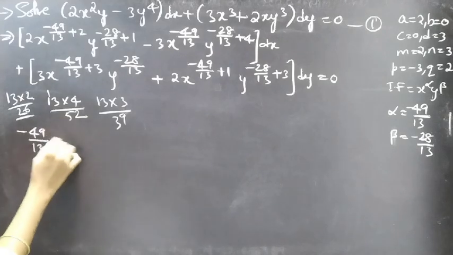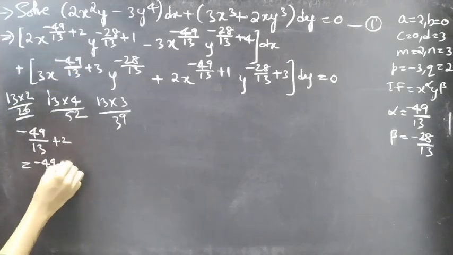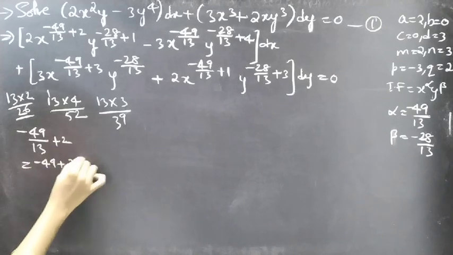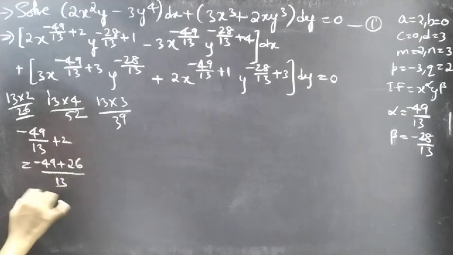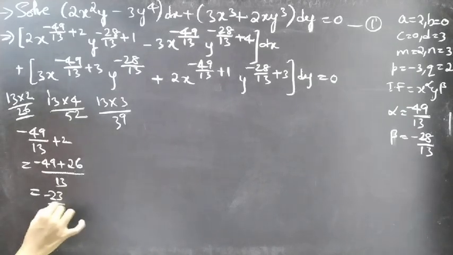Minus 49 by 13 plus 2 gives minus 49 plus 13 2s are 26 by 13. So you'll get minus 23 by 13, since 49 minus 26 is 23.